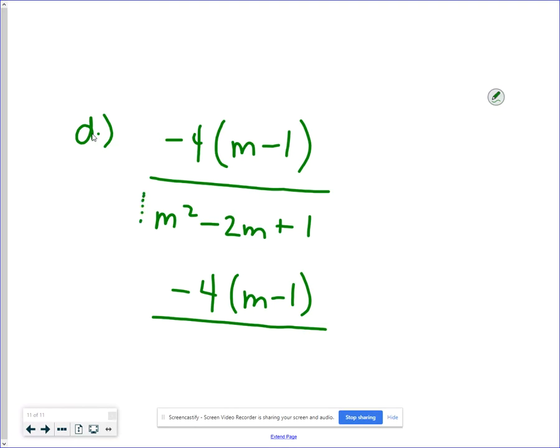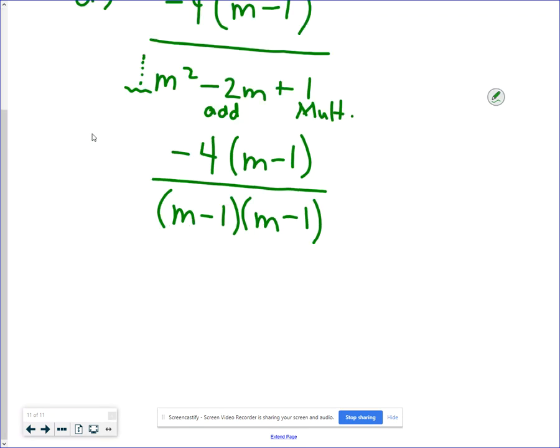It's a quadratic trinomial that has a leading coefficient of 1. So what two numbers multiply to be 1 and add to be negative 2? Negative 1 and negative 1. So the bottom factors to the quantity m minus 1 times the quantity m minus 1.